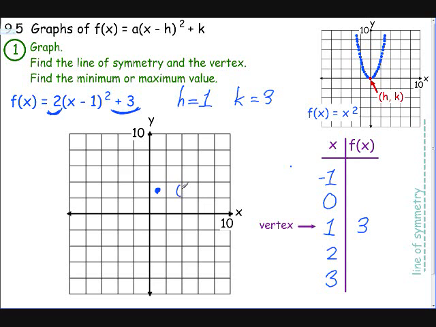I probably should go ahead and put down the point coordinates. The line of symmetry, I'll pull that line of symmetry over, because I already know, as soon as I know the vertex, I know the line of symmetry. The line of symmetry is going to be at x equals 1, right there.